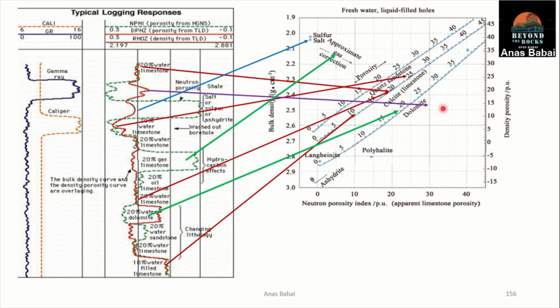So this is around 15, and the intersection is somewhere here, and that lies in dolomite, so we can know that this zone is in a 20% porosity dolomite formation. So this is how we can use the neutron density cross plot to identify the lithology and the porosity values as well.